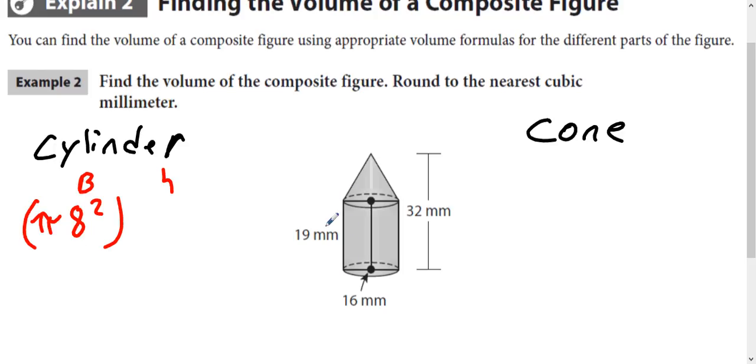And then times the height, it's marked right there, is 19 millimeters. So using 3.14 for pi, we get 3818.24.